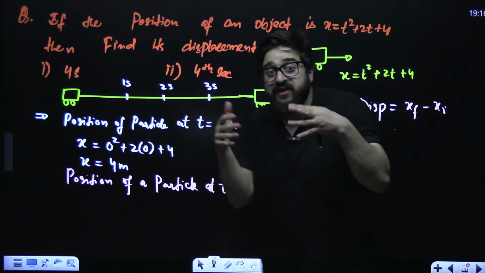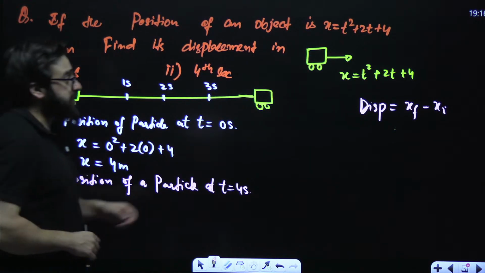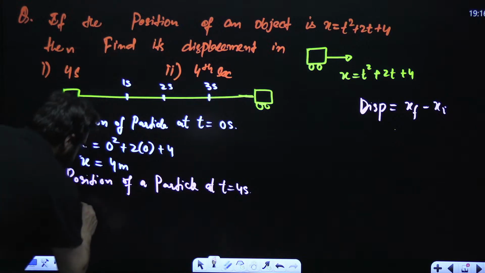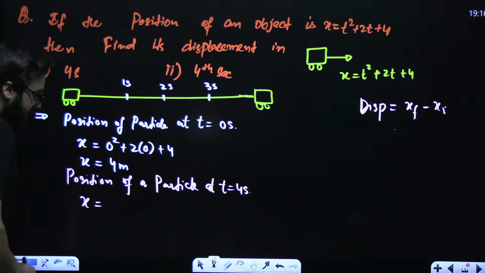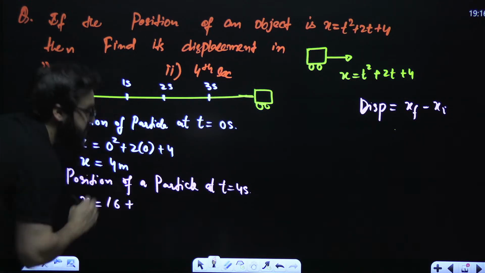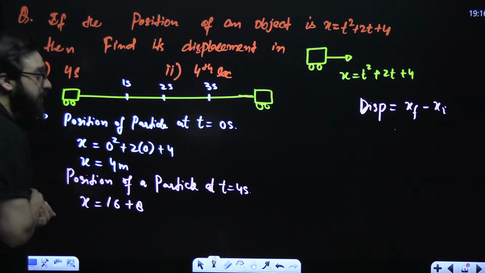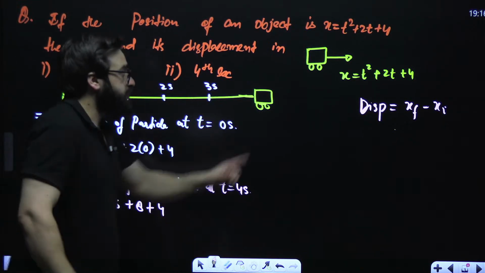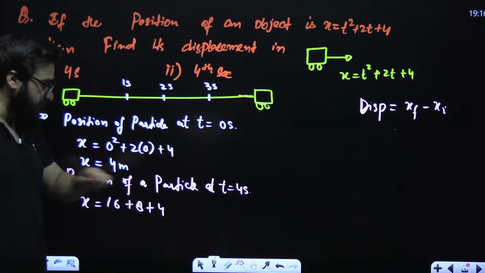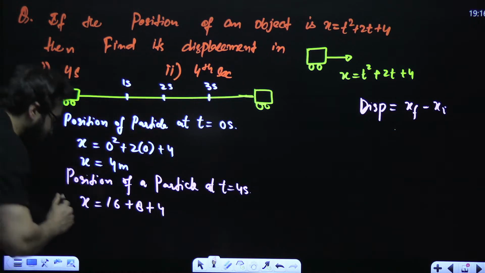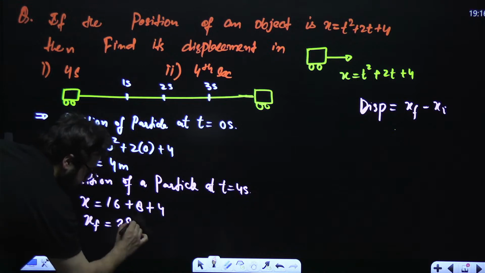Now we have to find the final position. So put t = 4 over here. x = 4² = 16, plus 2 × 4 = 8, plus 4. 16 + 8 is 24, 24 + 4 is 28. So x final in this case is coming out to be 28 meters.